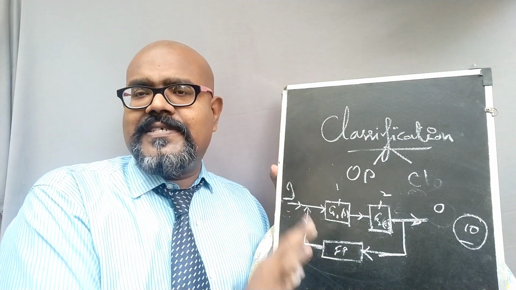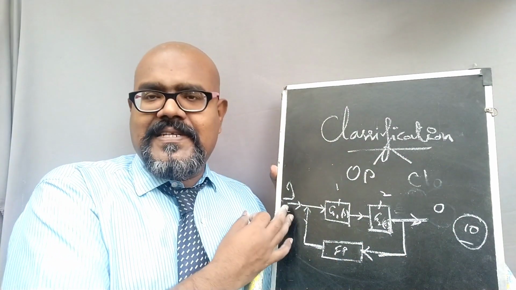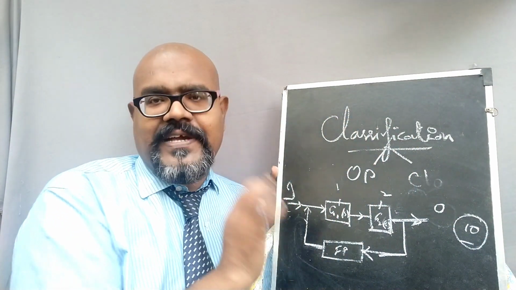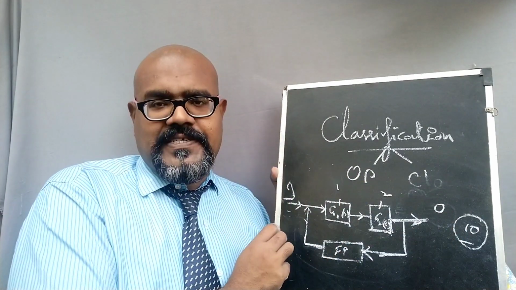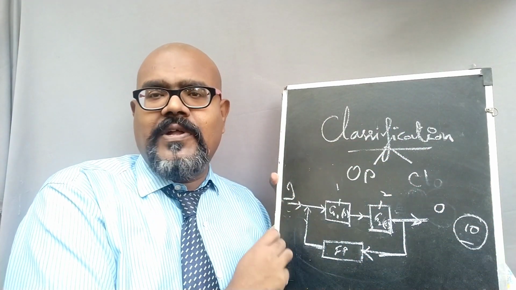Everything the system manager knows. So if you are framing the system like this, the response of the particular system is, for example, unit 10. Whatever input you give, 10 is the response of the system.